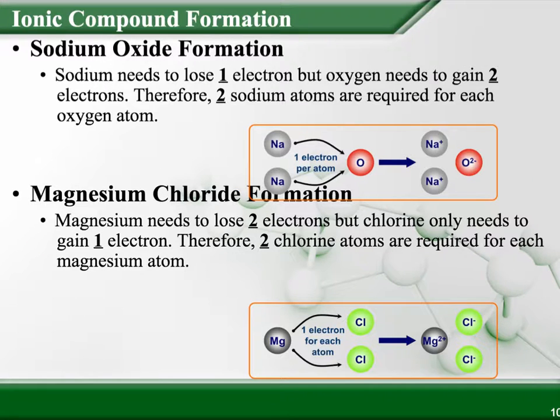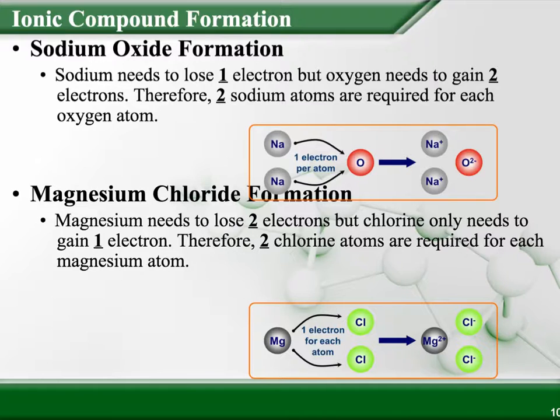For instance, in these two examples, one atom needs to gain or lose a different number than the other atom wants to gain or lose. So for sodium oxide, sodium only wants to lose 1. Oxygen wants to gain 2.